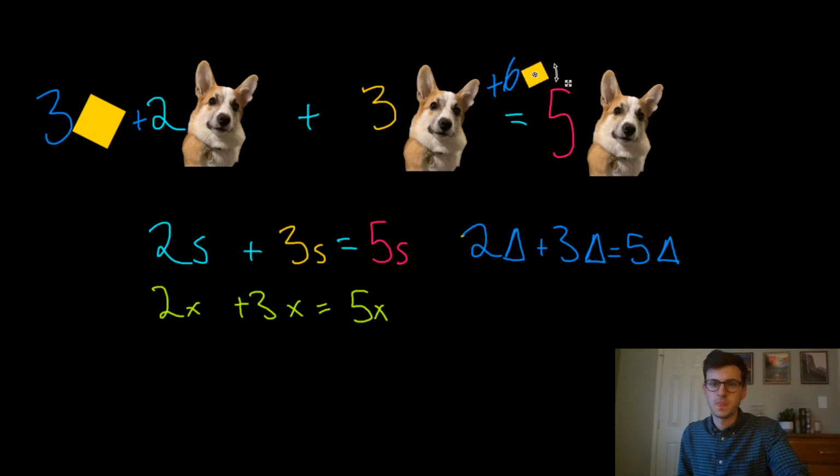Well, you wouldn't just say 3 plus 2 is 5 Sunnies and cheese, right? That's not how we think about things.